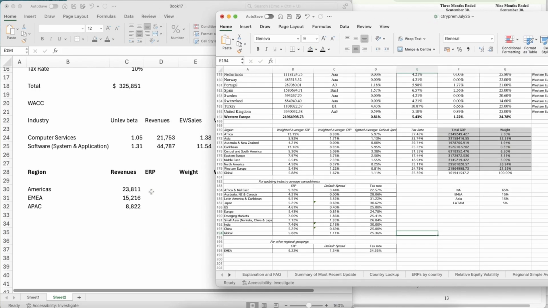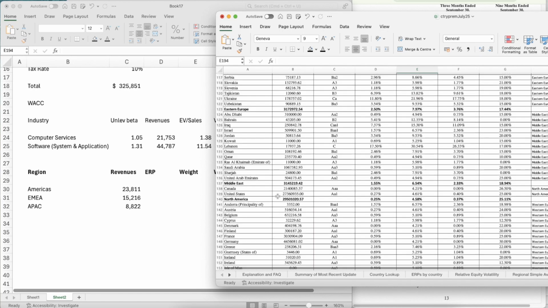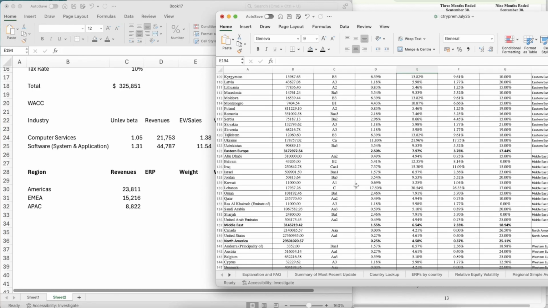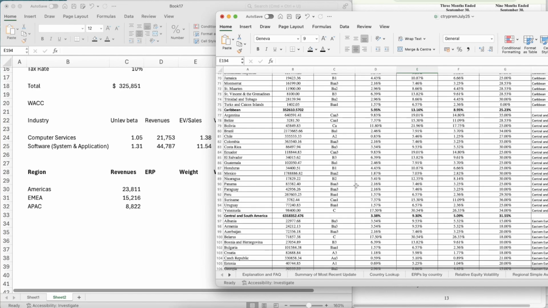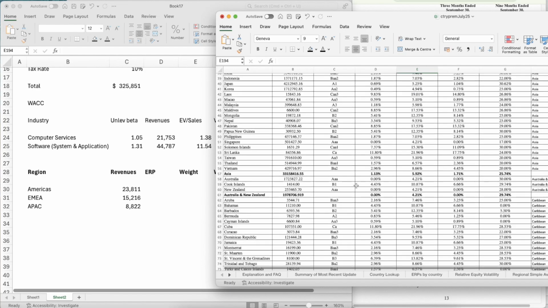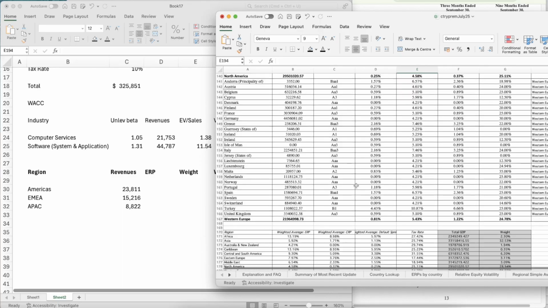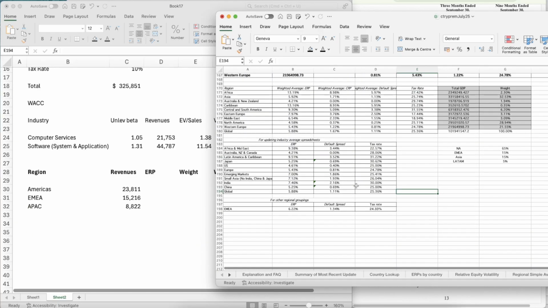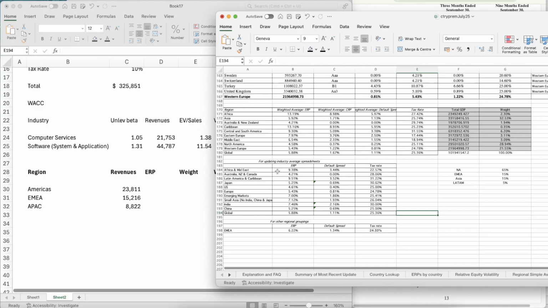spreadsheet. So for Americas, North America, Central and South America. No, they've been separated. It would have been good to get them together.